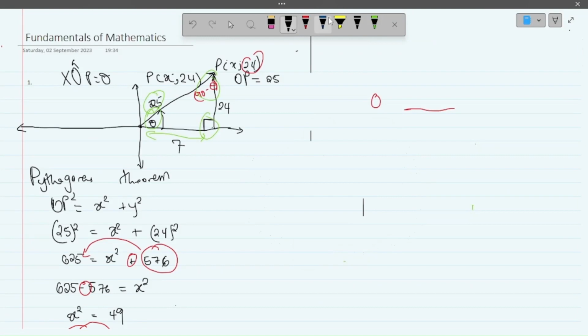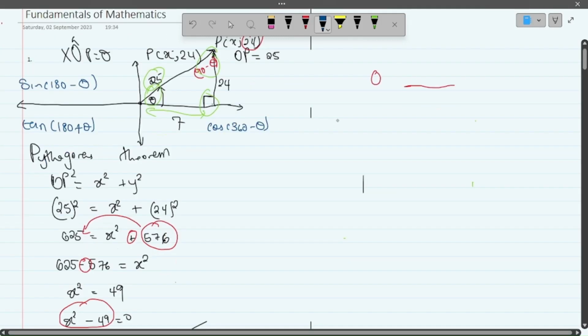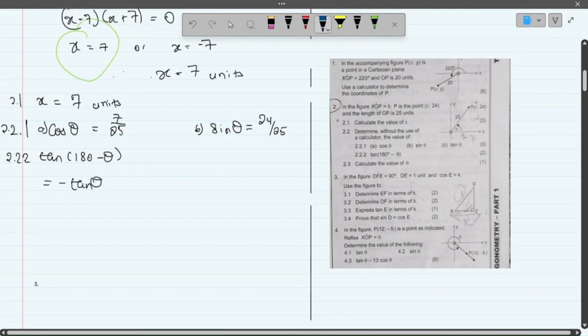It's in the third quadrant, because here it's sine, 180 minus an angle, and here it's tan, 180 plus an angle, and here you have cos, 360 minus an angle. So tan in the second quadrant is negative. So it's gonna be negative tan theta.